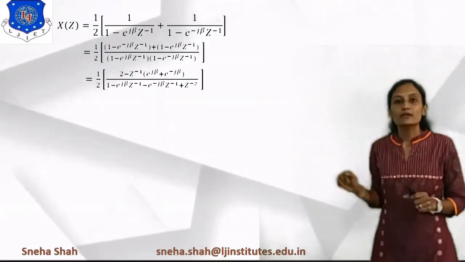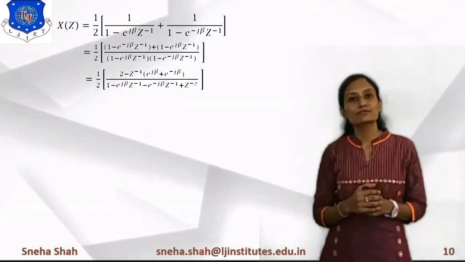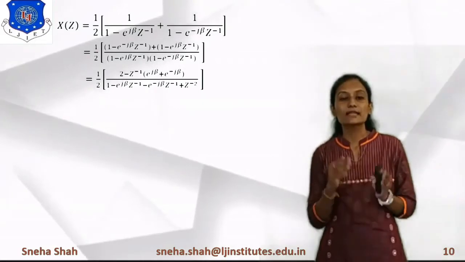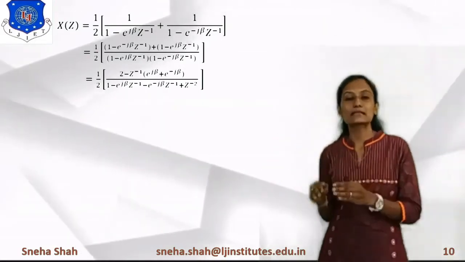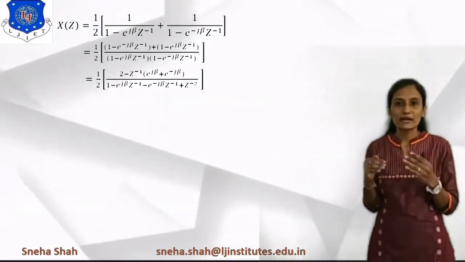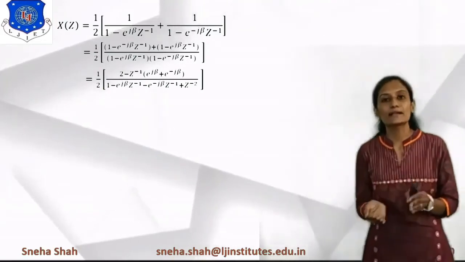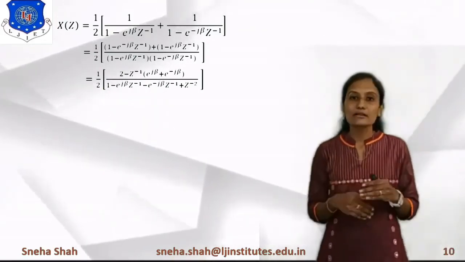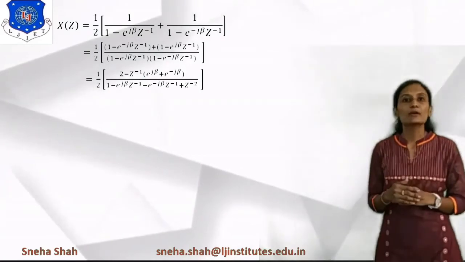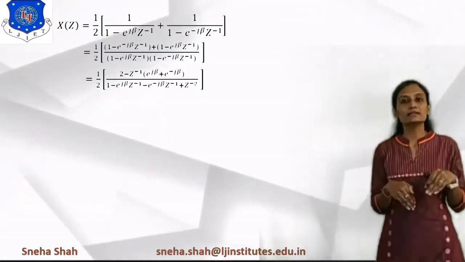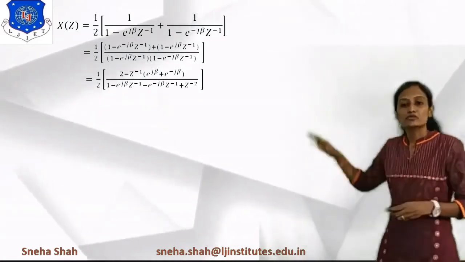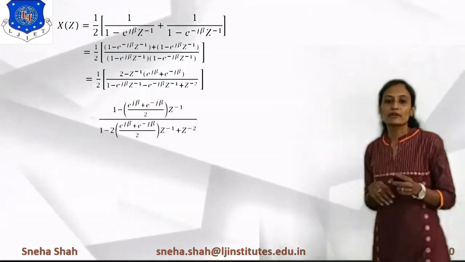Now over here we are applying the next rule: if we take e raised to j theta plus e raised to minus j theta divided by 2, then its value equals cos theta. Because the example is given in the form of cos, we are converting back in terms of the cos formula. So I am converting this term in the form of cos.